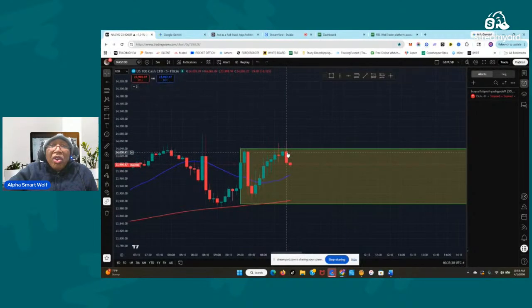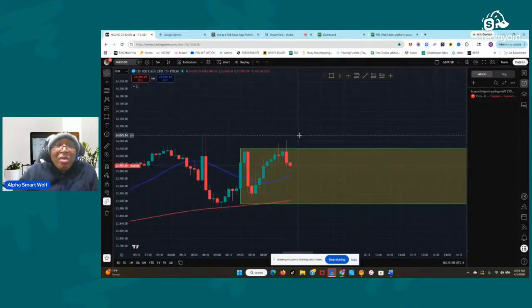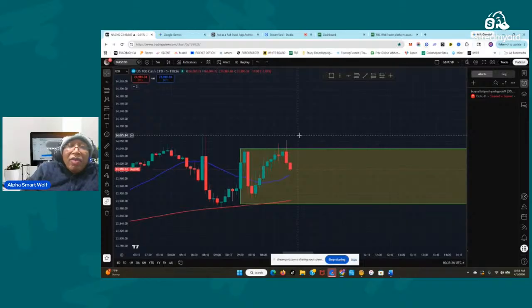So it seems that was the end of the run. It didn't really break out at all today. We haven't broken out of the 15-minute range in the time frame that we're here between 9:30 and 11. The Nasdaq has not broken out of the 15-minute opening range, guys. It has not broken out at all. Let's look at what our 5-minuters are doing.